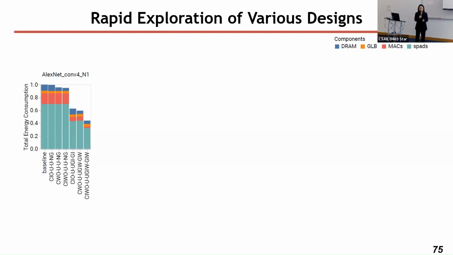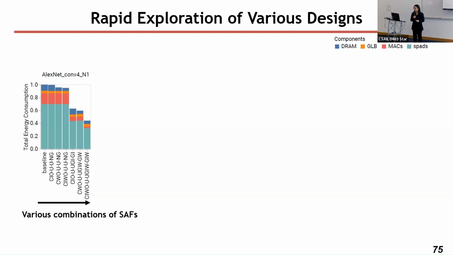Because of time constraints, I'm going to show a simple example that can at a high level illustrate the idea, but in our papers, there are more in-depth studies. Specifically in this example, on the y-axis, we're showing the total energy consumption of different hardware evaluating different workloads. On the x-axis, we're showing the various combinations of different SAFs applied to the same architecture organization. So basically, each combination will mean a different accelerator design.